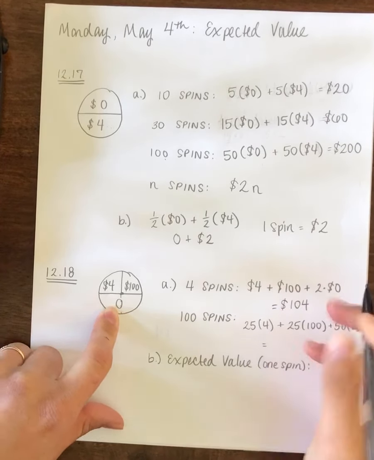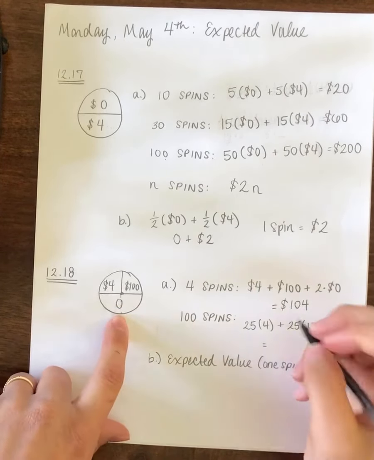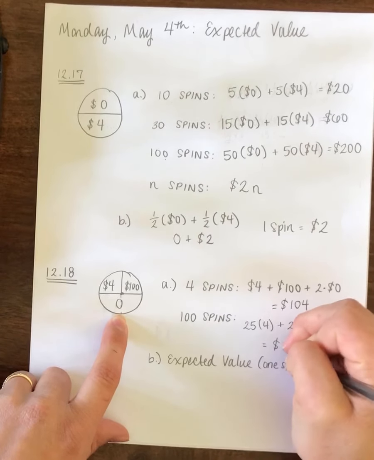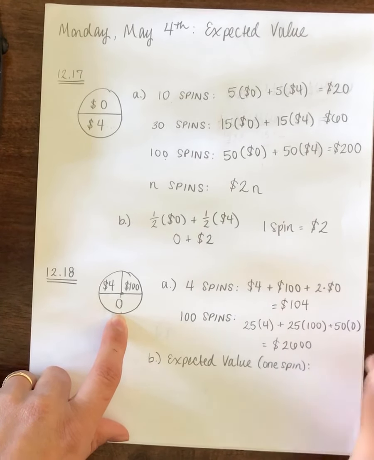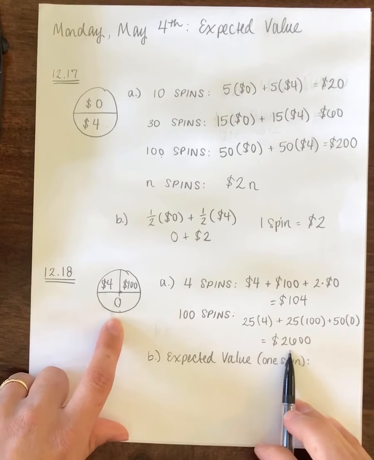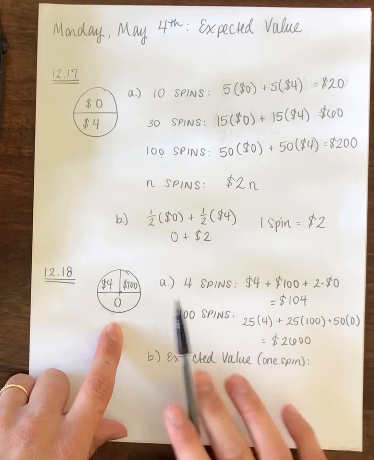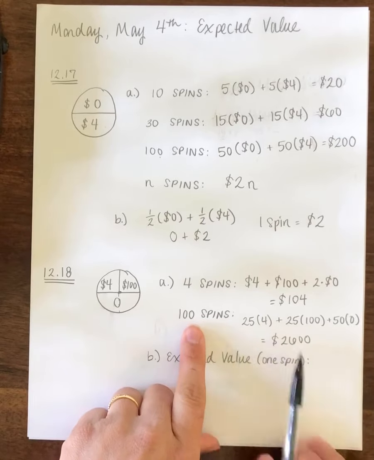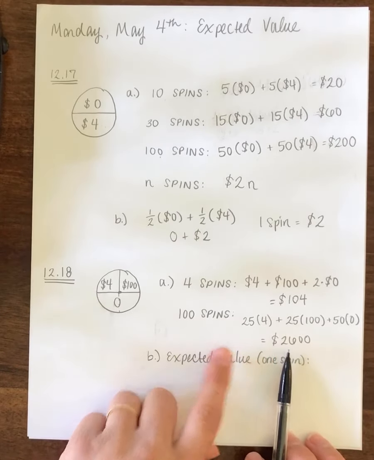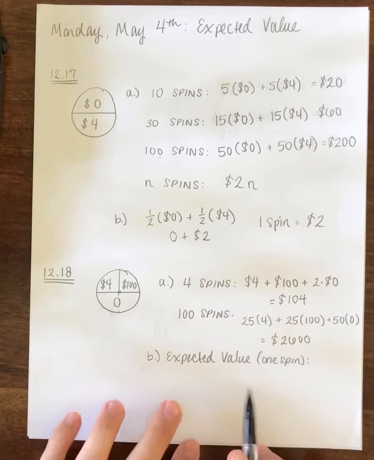This would simplify. If I were to spin the spinner 100 times, I can predict that I'm going to win $2,600. So this is definitely a spinner I would want to play. If I was in Las Vegas, I would calculate an expected value. I'm expected to win if I play this 100 times, so it's worth my time.